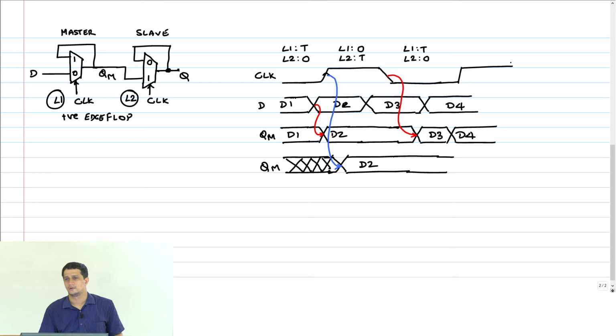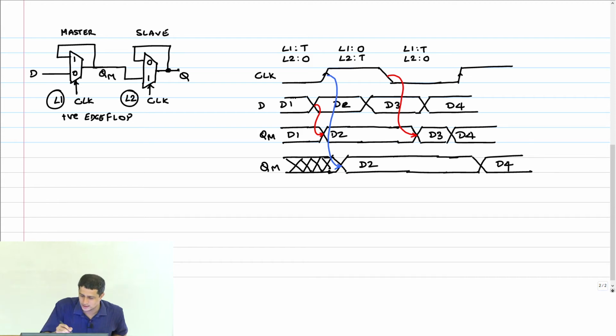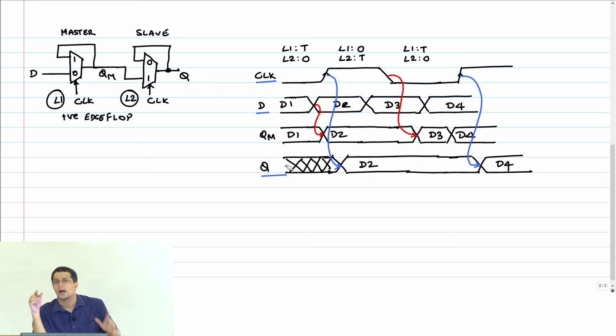So assuming that happens, then at this edge again, you will find that it switches to D4 successfully, right? And so what you see for a flop is basically only clock, D and Q. You don't see QM. And that's why all the changes are happening with respect to the clock edge.